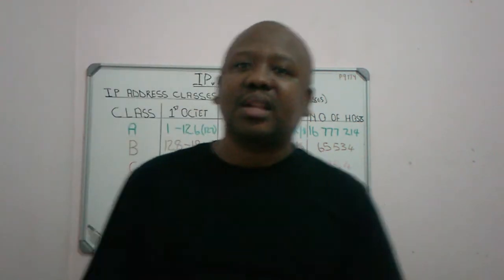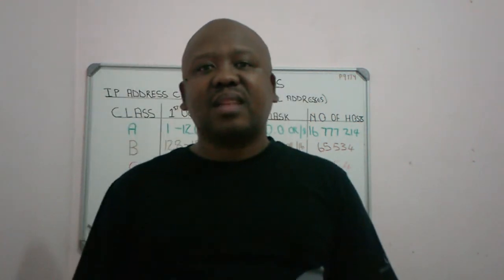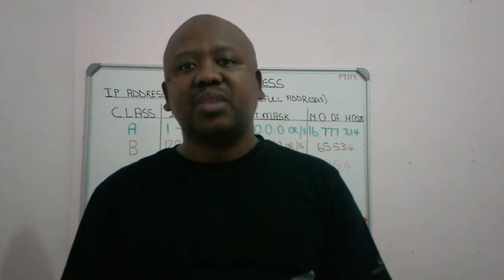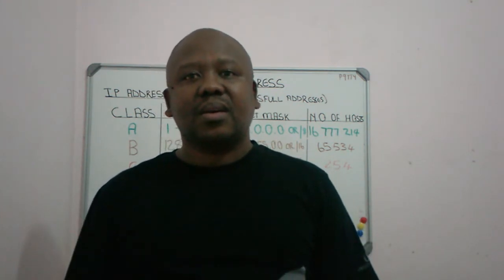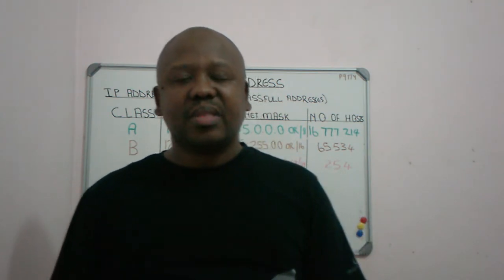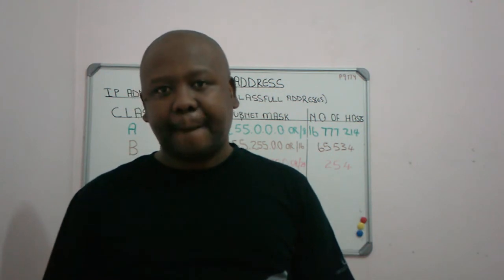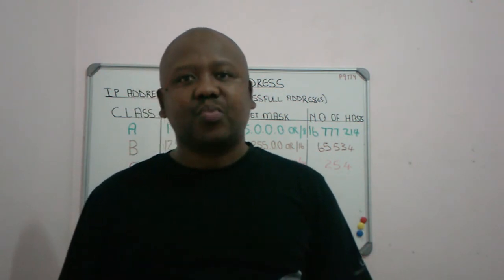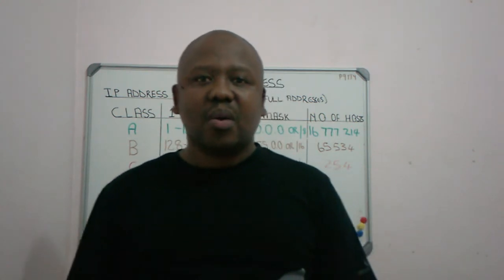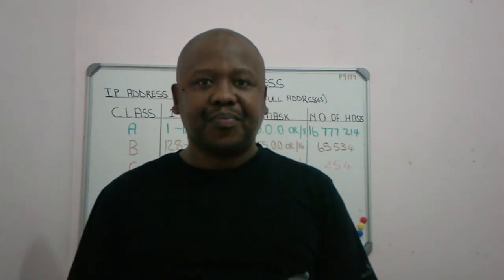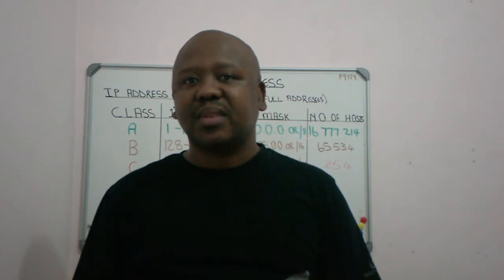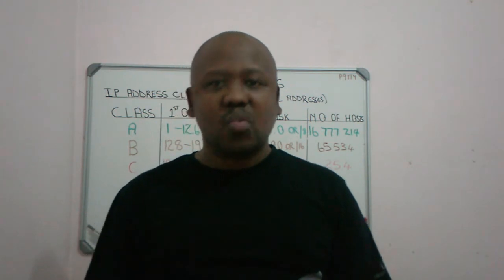So if you get an IP address that starts with the first octet being 128 or anything between 128 and 191, know that it is a class B. And the subnet mask for class B is 255.255.0.0 or /16, and it accommodates 65,534 hosts.